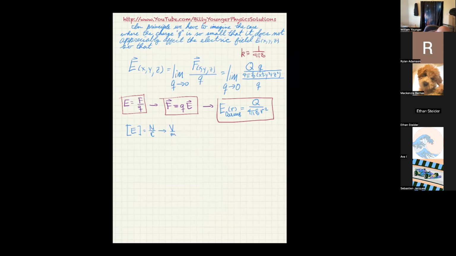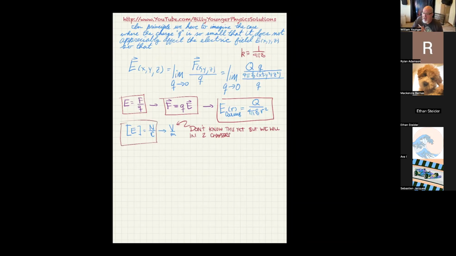So we don't know this yet, but we will in 2 chapters. Okay, so right now we're thinking the unit is newtons per coulomb, and that's fine. Later we're going to work that out to be volts per meter, and that's fine too.